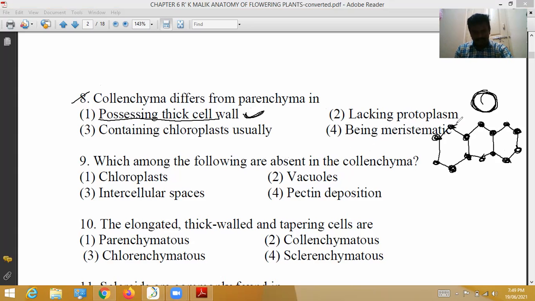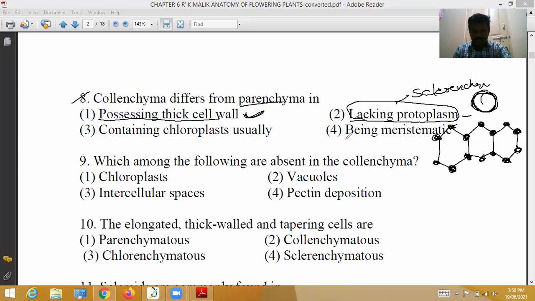Lacking protoplasm is a feature of sclerenchyma, but they have asked about collenchyma. Next, both parenchyma and collenchyma, when they contain chloroplasts, are known as chlorenchyma, so that is not related to this question.